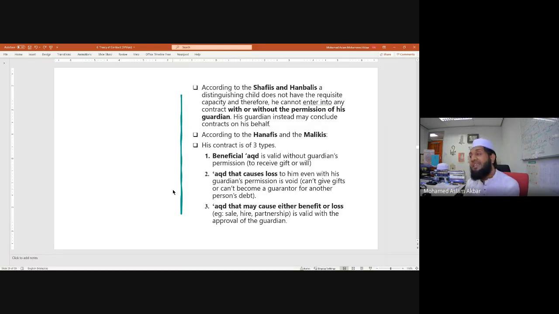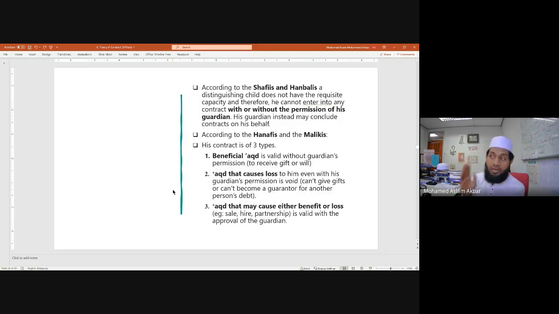So now you understand. But according to Shafi and Hanbali, even selling things in pasar malam, this Sabi al-Mumayyiz cannot sell. They mention with or without the permission of his guardian. That's because according to Shafi and Hanbali, they consider Sabi al-Mumayyiz as a newborn baby.